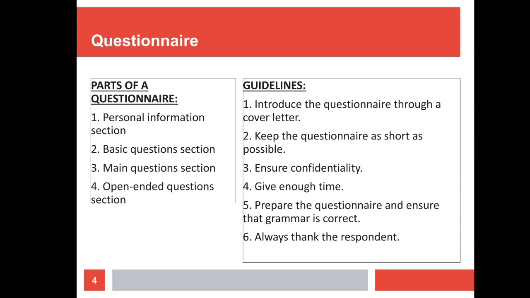A survey just gives very specific information. With a questionnaire, there are written questions for specific information that you need.